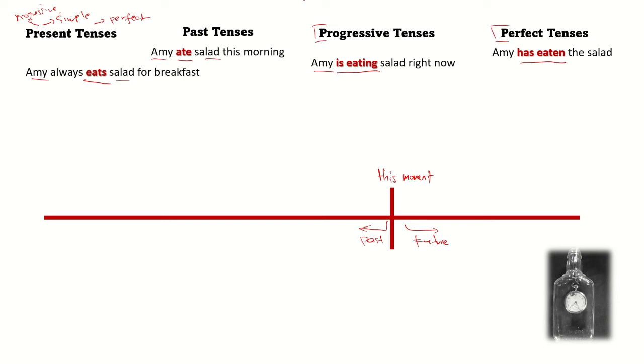The simple form of tenses, either in the present or past, talks about the exact time when it happened. But if we talk about the progressive and the perfect tenses, we talk about the aspect.